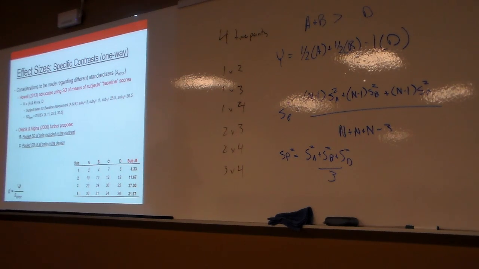What we want to do is just look at the pooled standard deviation of the cells that are involved in the contrast. Or maybe we just want to get sort of total variability in here, and taking sort of the pooled variance of each one of these really kind of depends. This is a conceptual question you want to think carefully about in terms of how you're going to go through and standardize your effects here.